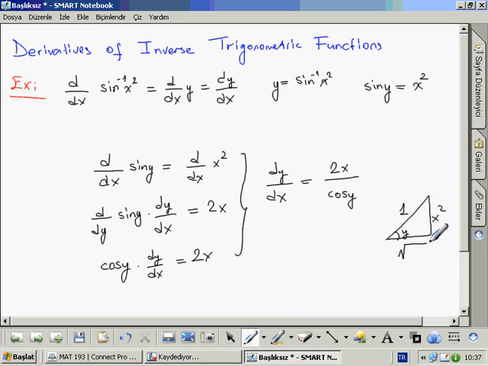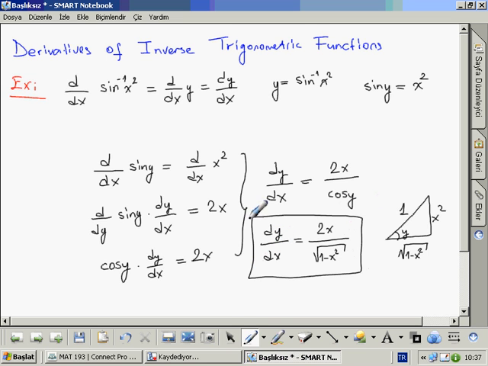So this part will be the square root of 1 minus x squared, right? Cosine y is the square root of 1 minus x squared over 1. So the derivative is 2x over the square root of 1 minus x squared, which is the solution.